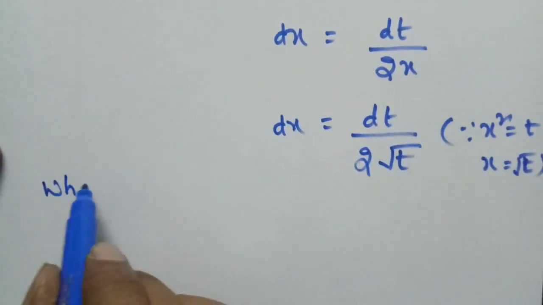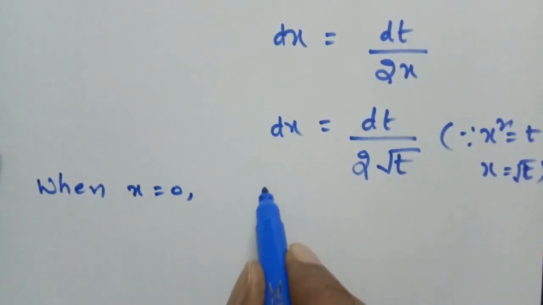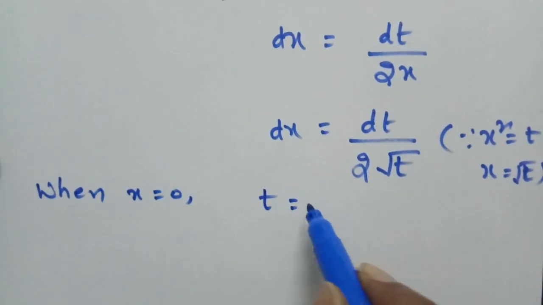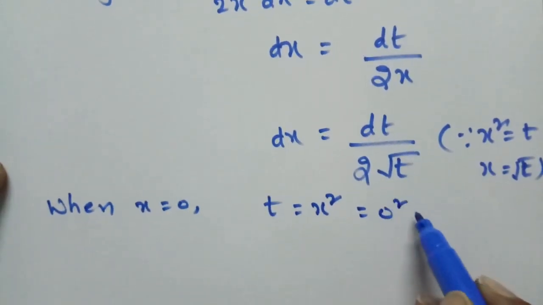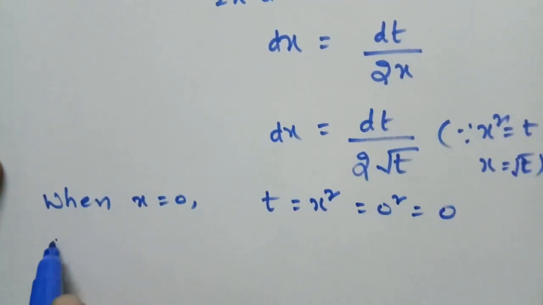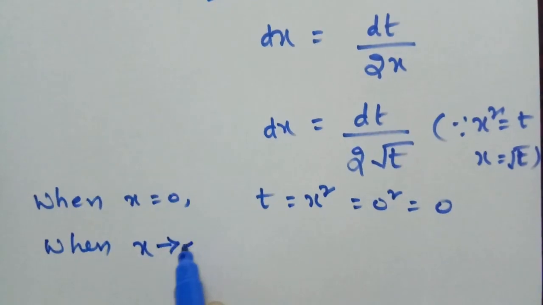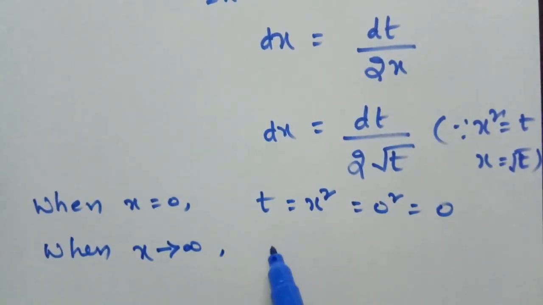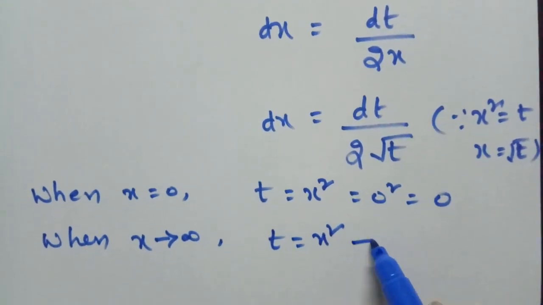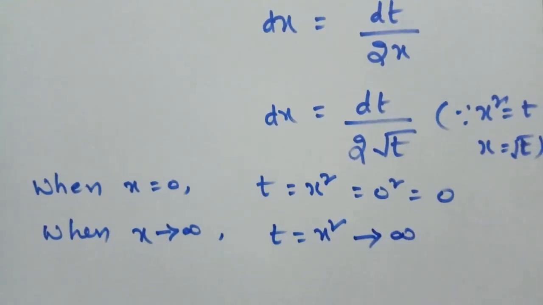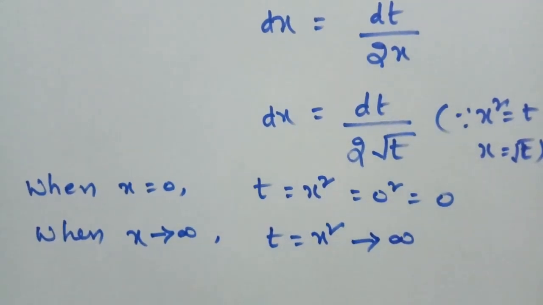When x is equal to 0, what are the limits for t? t equal to x square, that is 0 square, t also 0. When x tends to infinity, t equal to x square, infinity square, this also tends to infinity.